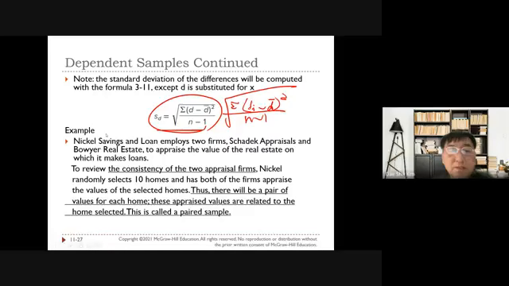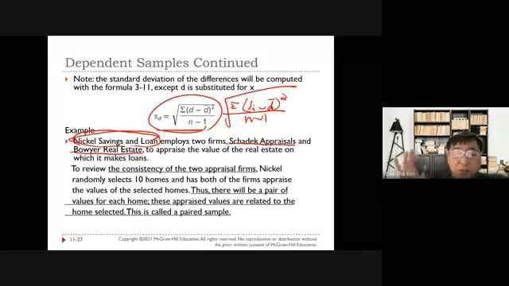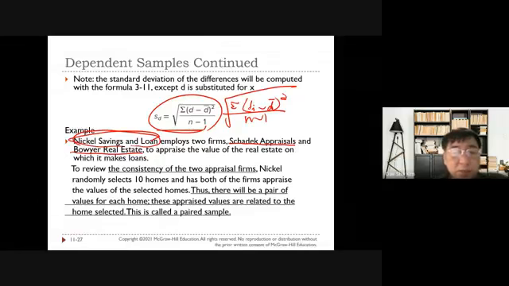Example: Nickel Savings and Loan employs two firms, Shedek Appraisal and Boyer Real Estate. Two appraisal companies. This bank is Nickel Savings and Loan. The bank employs two evaluation firms, one is Shedek Appraisal, the second is Boyer Real Estate, to appraise the value of real estate on which it makes loans.